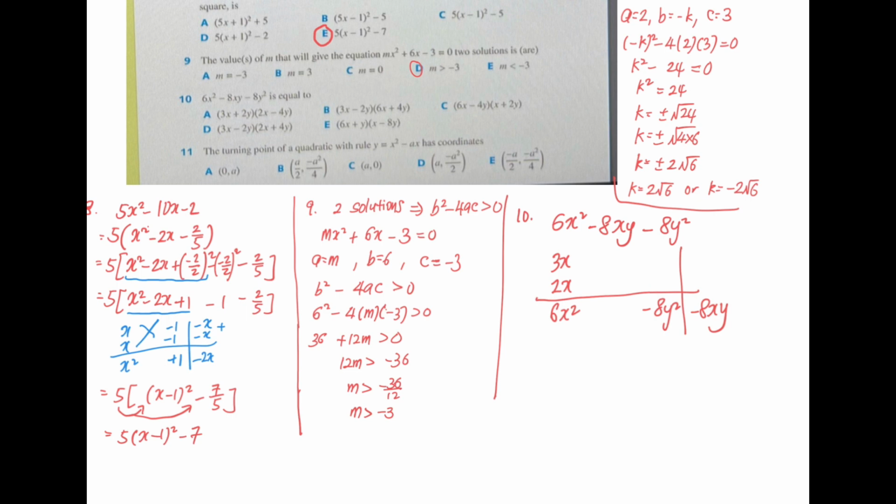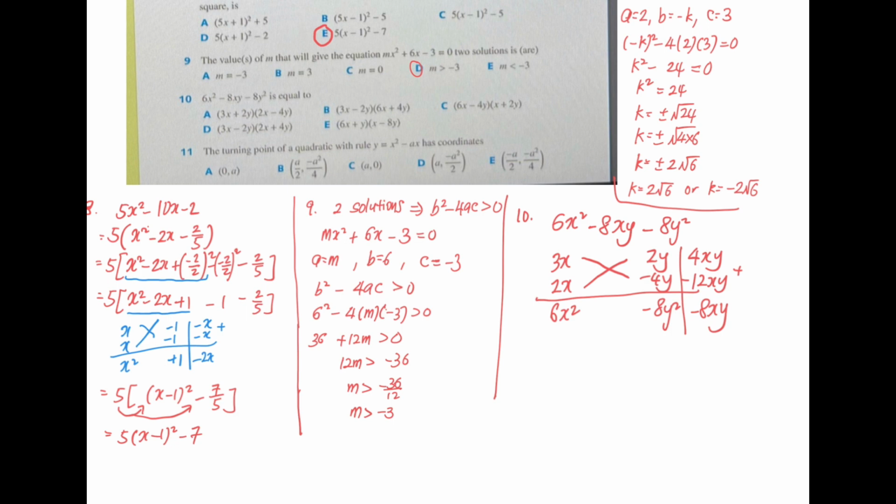Let's imagine first, if I take here 2y and minus 4y, now we need to cross multiply. So 2x times 2y, we get 4xy. And then 3x times minus 4y, we get negative 12xy. And you add them up.